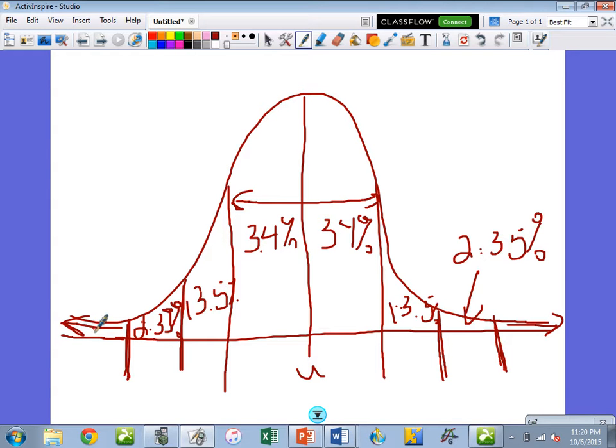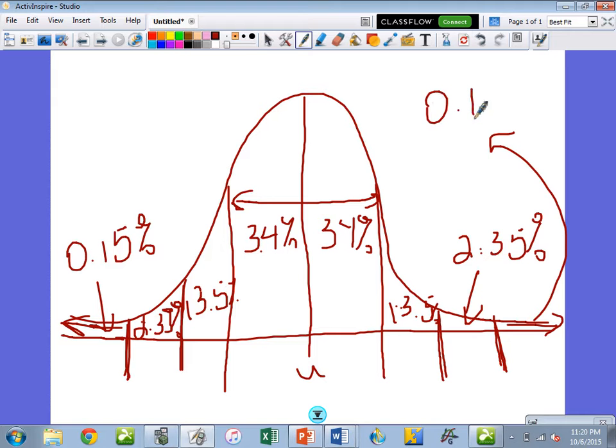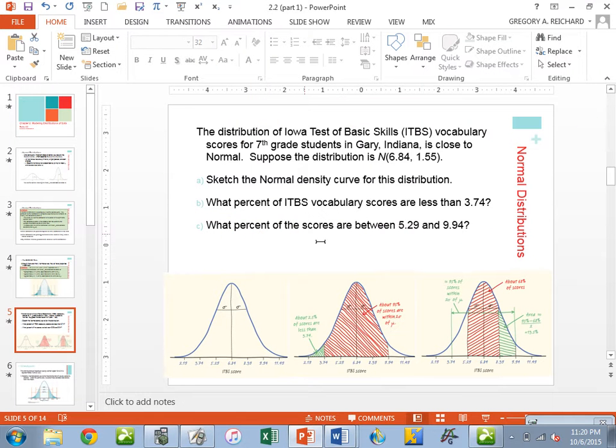So if you take 0.3% and cut it in half, that's going to make this 0.15%, and this, I'll just put it up here, 0.15%. I think having each of the sections blocked off by percentages is very helpful in being able to answer questions about the normal curve that involve this type of setup.